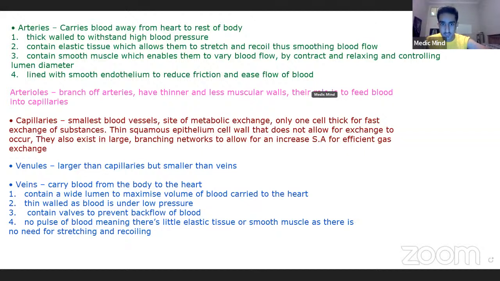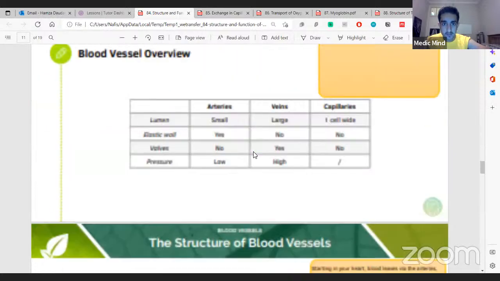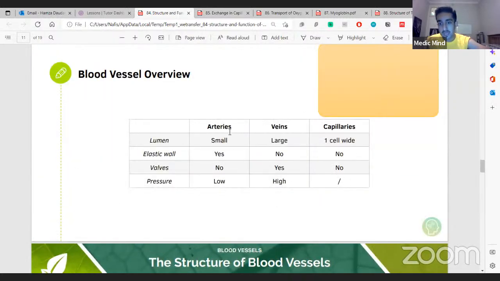Perfect. Right. That's us having talked about this. We've talked about all of these, but this is a very good summary table, which I do recommend you getting down into your notes as well. It's a summarization of everything that we've talked about so far.